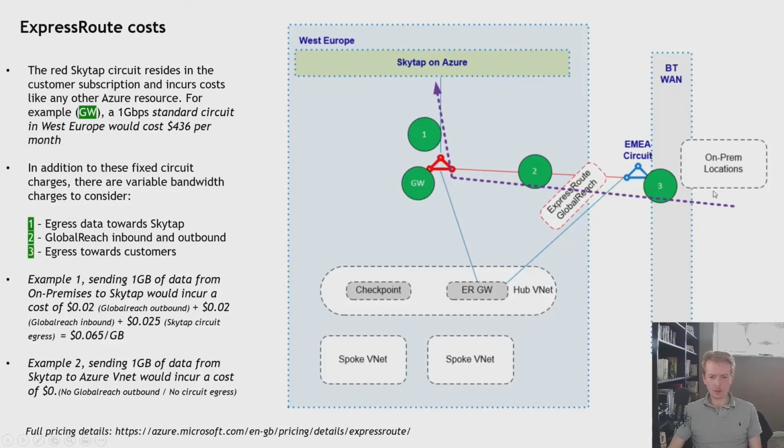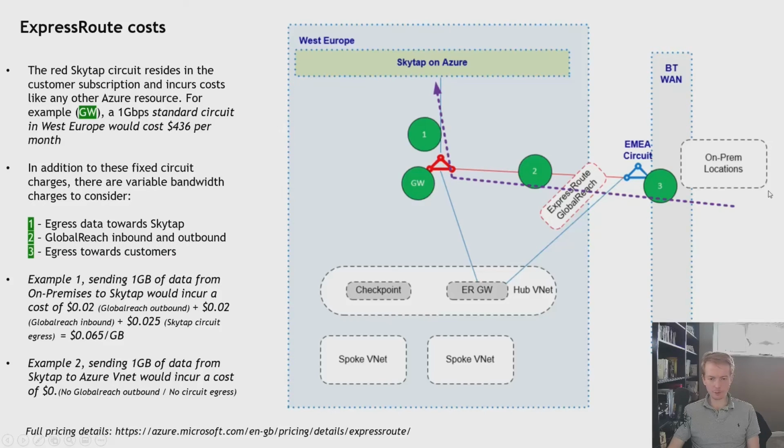Where we need to think about some additional costs in that chain is when you're coming from on-premises, and that's because we're leveraging GlobalReach. GlobalReach is a service that is costed on Azure, and it's costed both on the source circuit, the blue circuit if you're coming from on-prem, and the destination circuit, the blue circuit here.